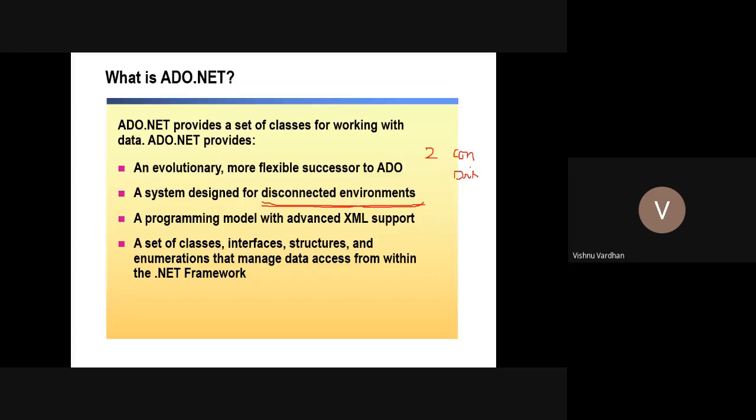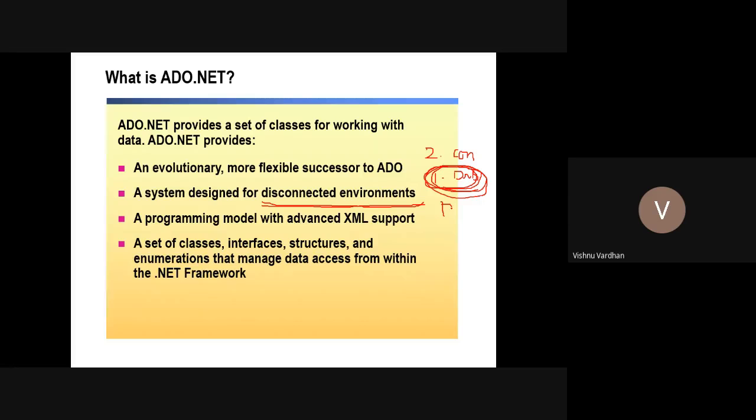Disconnected architecture means you will just connect to the database for a single time, and you will load the things, and the database connection is closed instantly, and from then on you are going to manipulate the data in the disconnected mode only, because the data is sent to the client, and now the client is having the actual data representation in memory in the form of the data set.